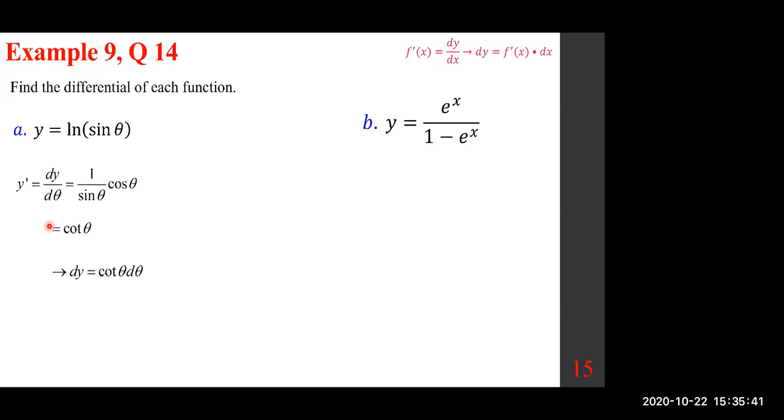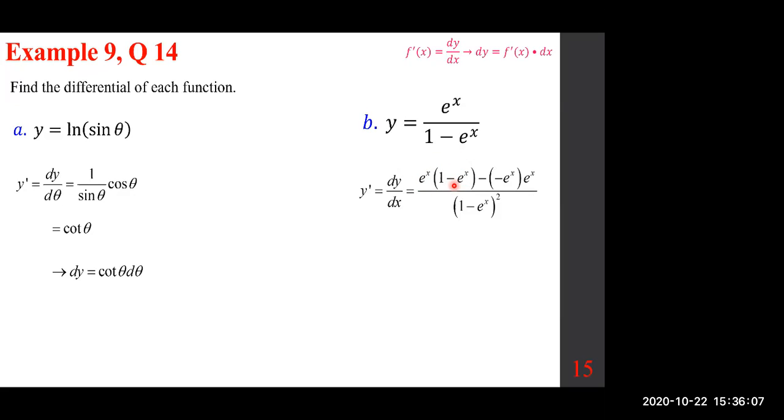Some of you may remember we have done this, class. I'm just refreshing your memory. This uses the quotient rule. The derivative of the top is e to the power of x times the bottom, minus the derivative of the bottom, which is minus e to the power of x, times the top. We've done this before.